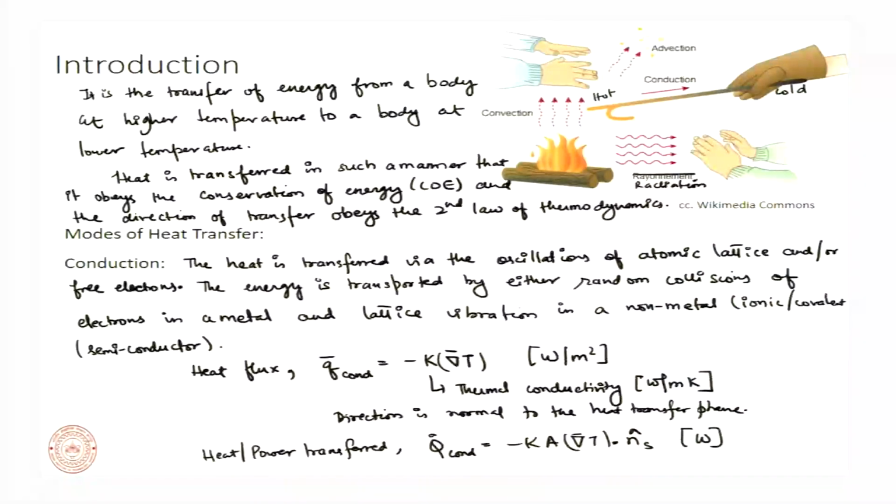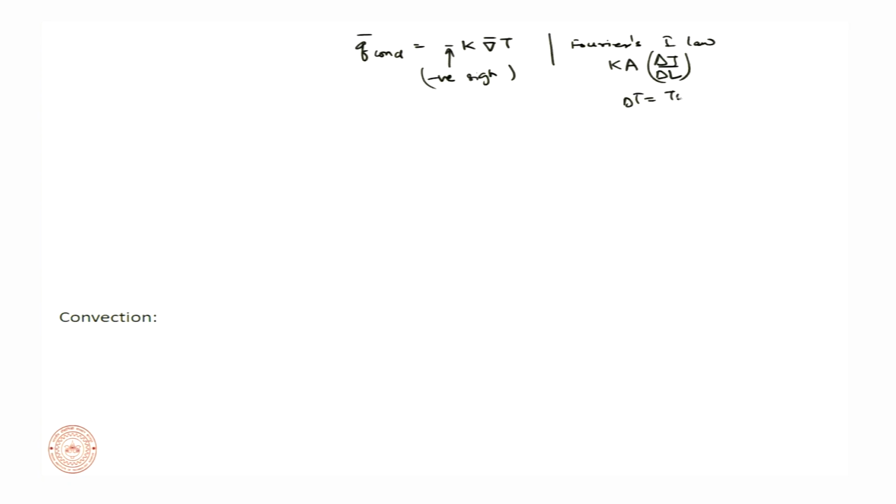So for the power transfer, you are multiplying with the area normal or integrating over the area. Now, I've taken a minus sign over here, and it is of significance. Let me write it down again. So q vector due to conduction is equal to minus k del T. This is Fourier's law, or well, a modified form of Fourier's law, which will be k A del T over L, or del L, in which del T is T hot minus T cold.